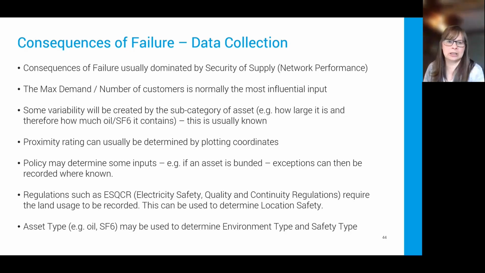For safety location, in the UK we have the ESQCR, the Electricity Safety, Quality and Continuity Regulations, which records land usage. But again, you could do that from a map and look at which are the rural ones and which are not, and then asset type. So for these consequence categories, they're usually quite easy to produce a data set for. It's not especially onerous collecting that particular information.